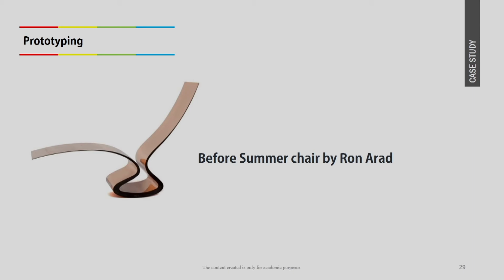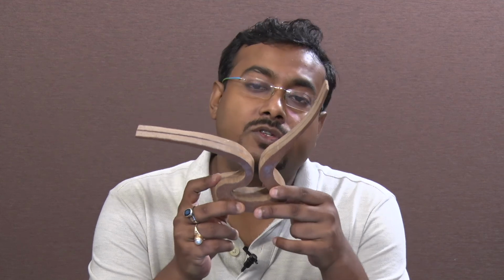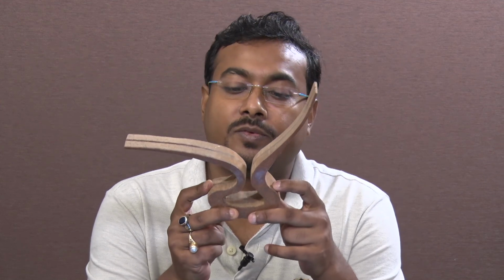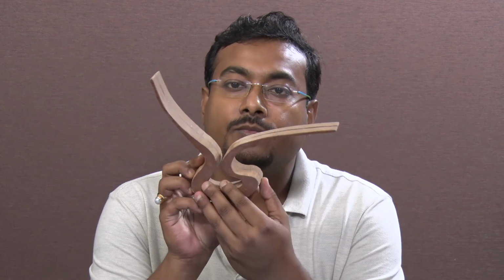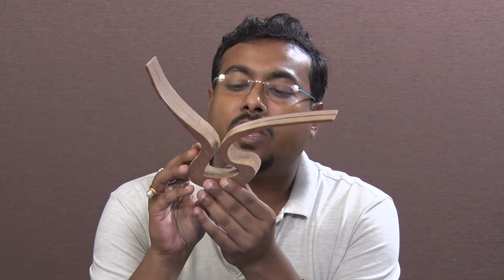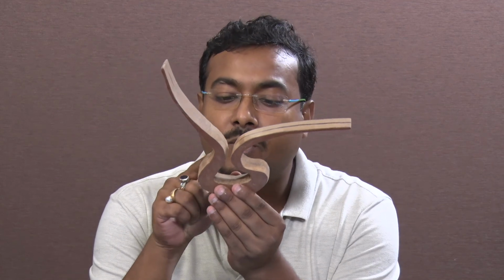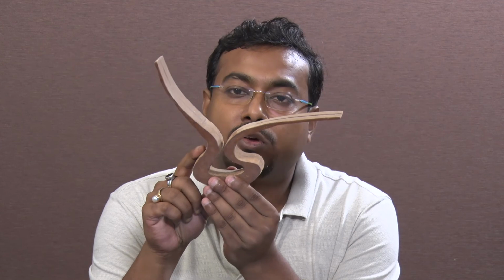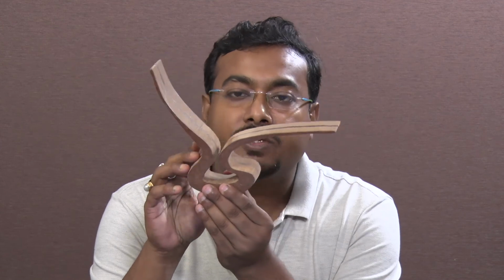So it is very difficult to give this kind of form with other material. Hence we have used MDF and a jigsaw. On top of the MDF, we marked the desired shape and used the jigsaw to cut it.